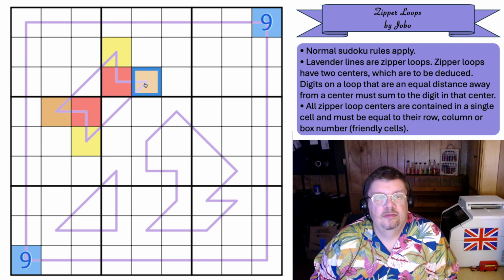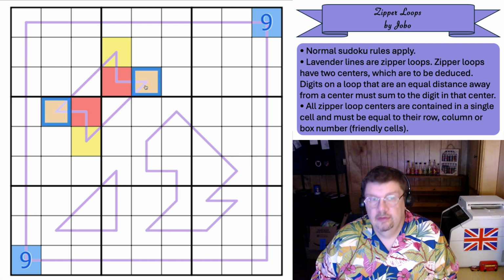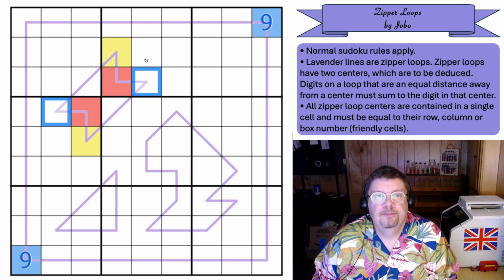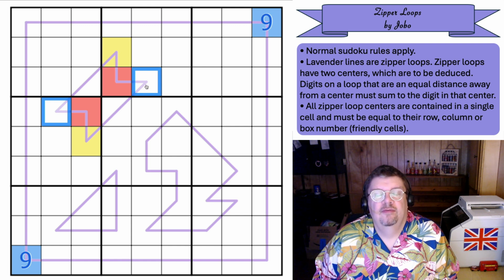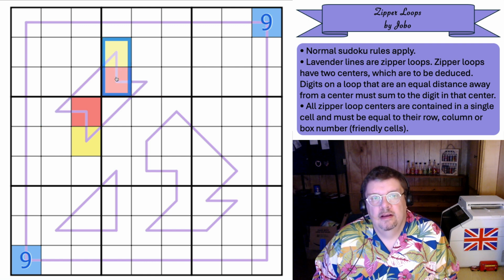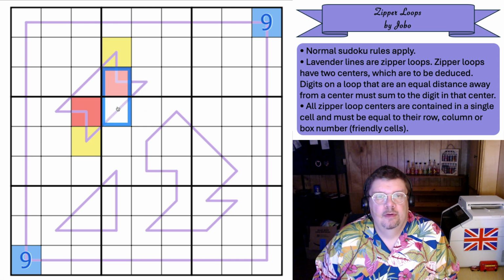And this is 2, 3, and 2. So this is 2 or 3, this is 2 or 4, it would have to be 2. Okay, those are not the center, because the only valid center as friendly digits go is 2, and I can't put 2 1s there. Every pair would have to be 1s, so those would have to be 1s. All right, that leaves these two.